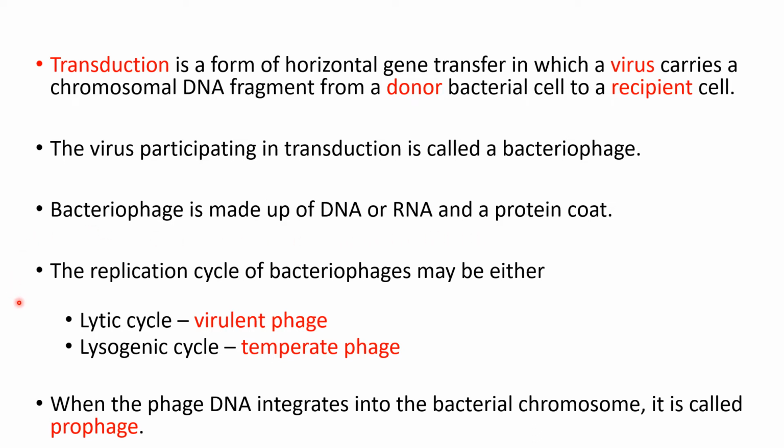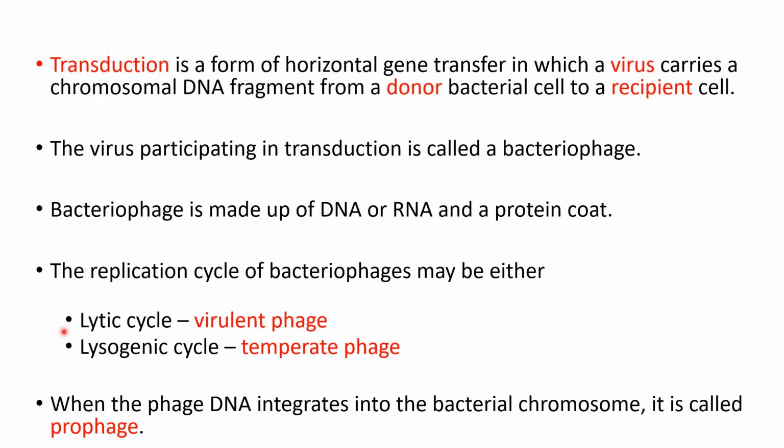Now, as you may be knowing already, bacteriophages' replication cycle may be of two types. One is the lytic cycle, the other one is the lysogenic cycle. How these cycles happen, we will be seeing in the next slide. But before that, just know these terms now.